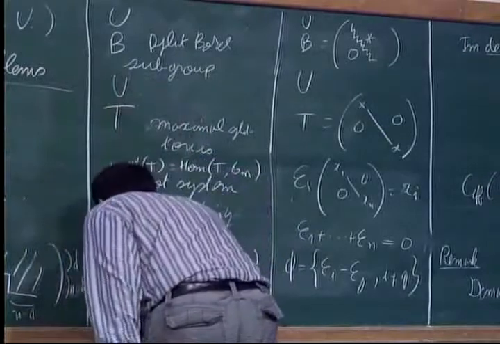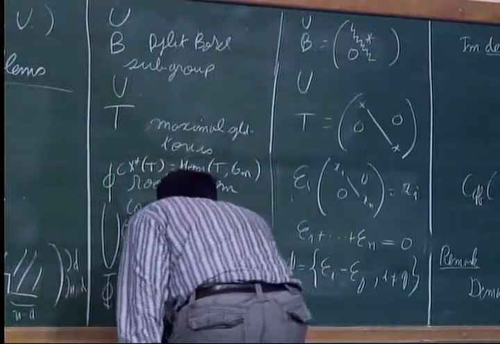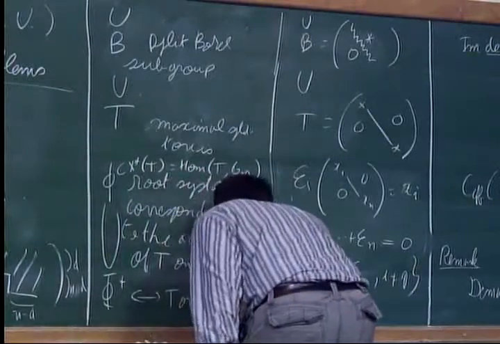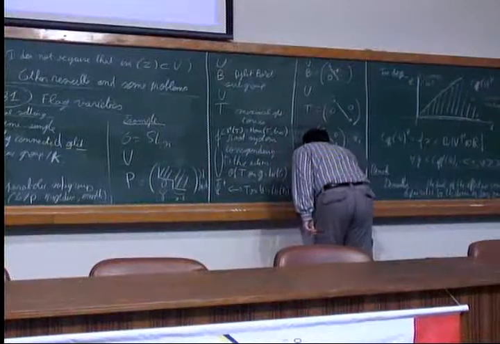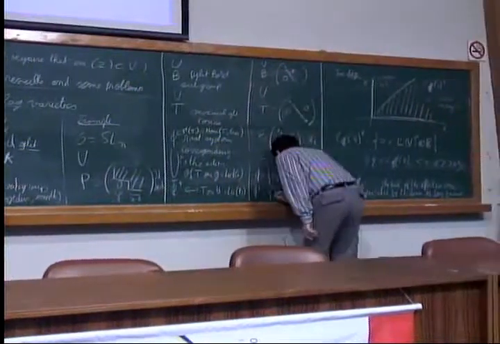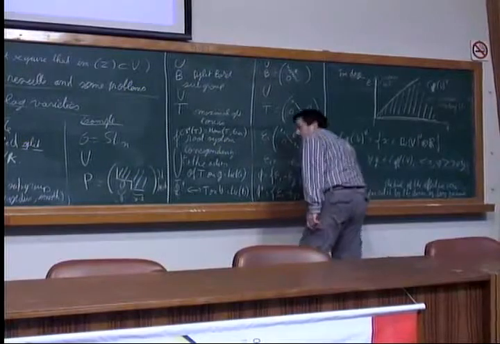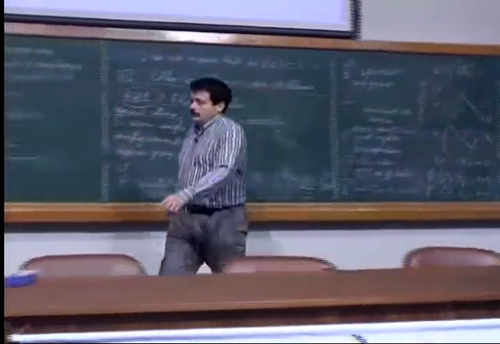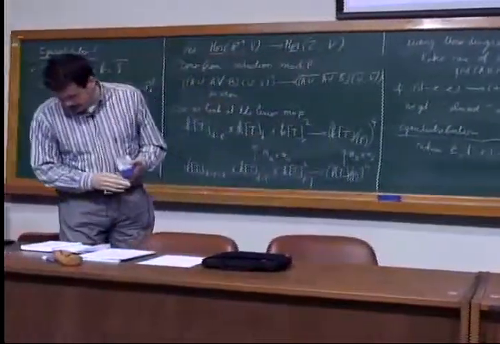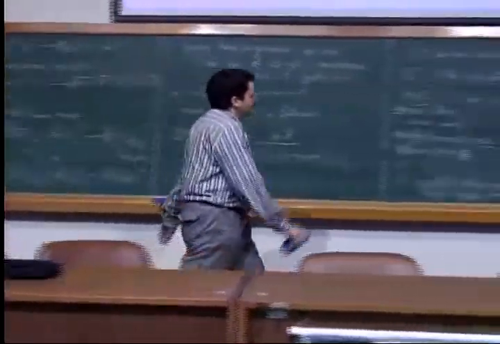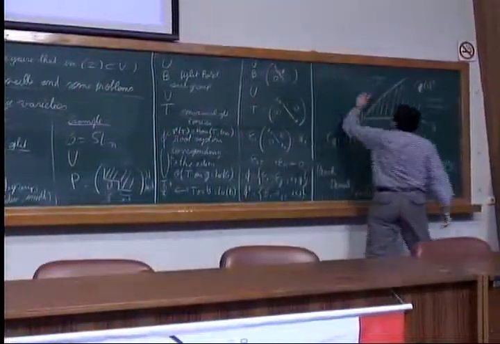So phi plus corresponds to T acting on B. So the positive roots in my example are the ones for which i is less than j. And then I have a basis in the set of positive roots.